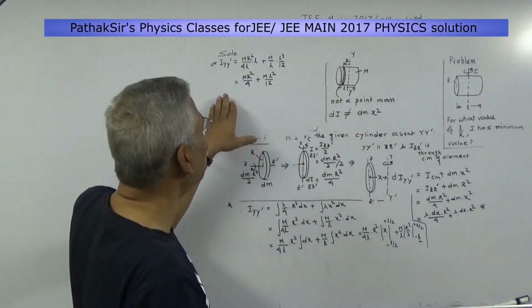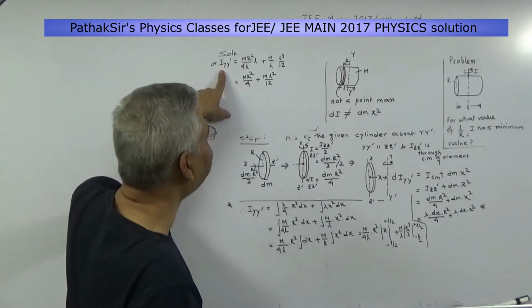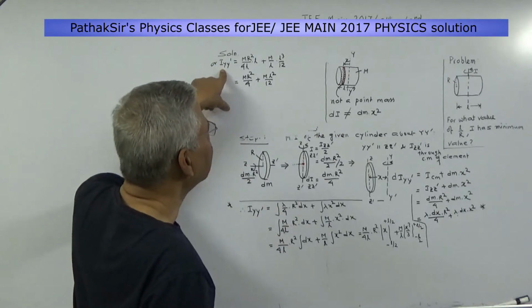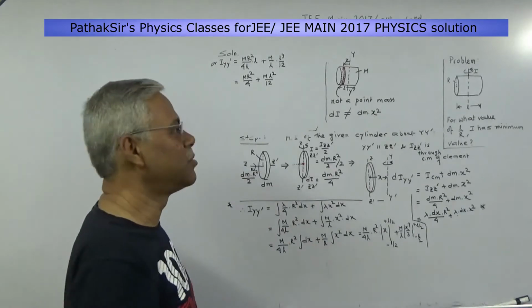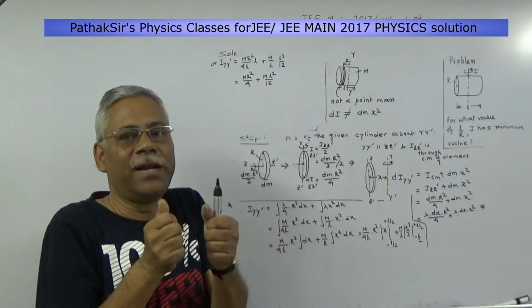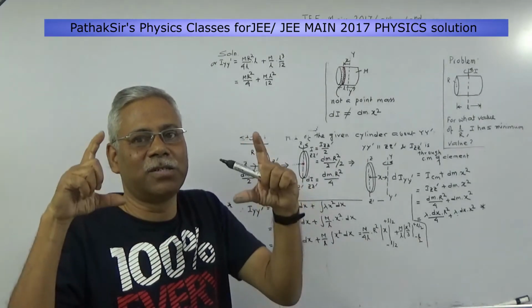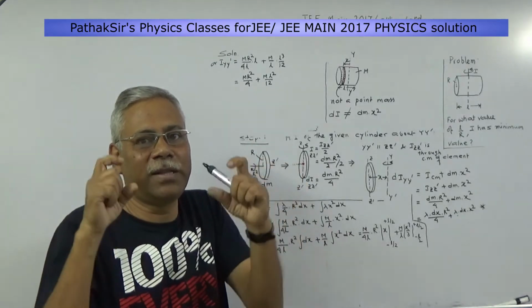Okay. Now, in order to make this moment of inertia minimum, we will have to identify the variables. So now, consider a situation in which we can increase the length or decrease the length. Accordingly, if we increase the length, the radius will drop, and if we decrease the length, radius will increase.